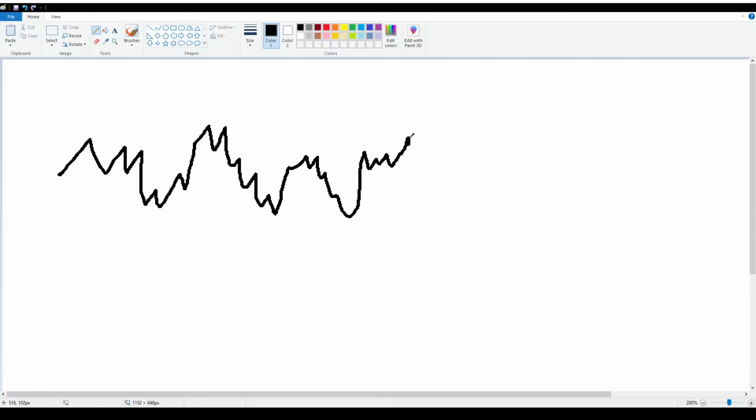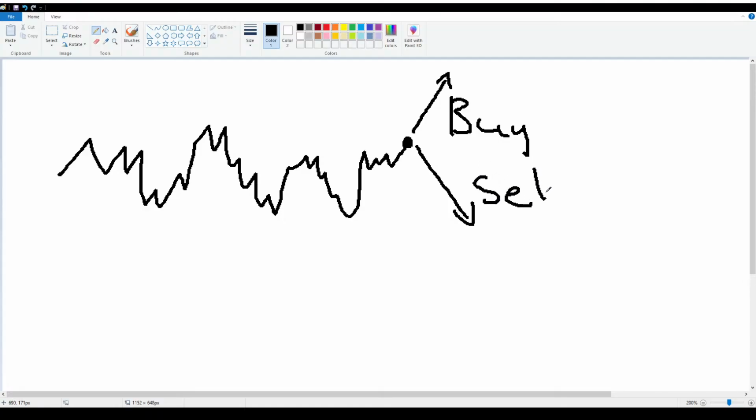So from where the market is, your job is to determine if it's going to go up or if it's going to go down. If you think the market's going to go up, you open up a buy trade. And if you think the market's going to go down, you open up a sell trade. These are our objectives.